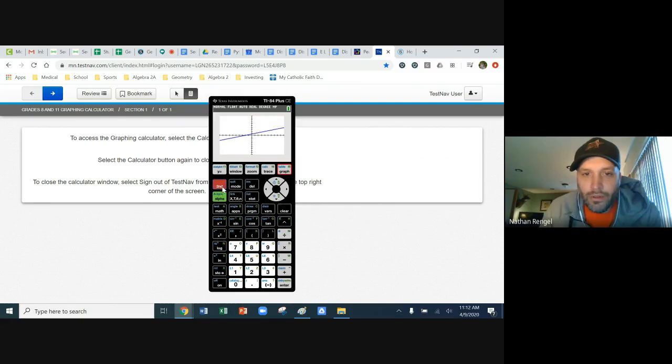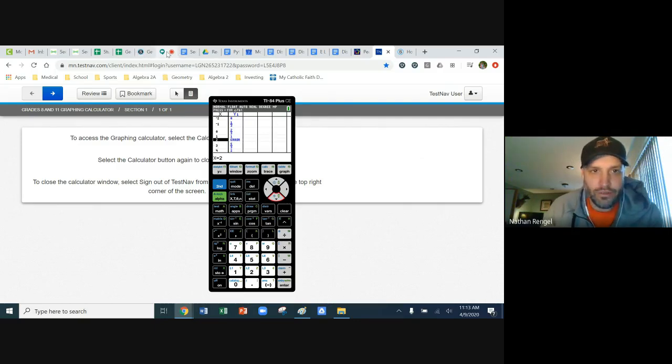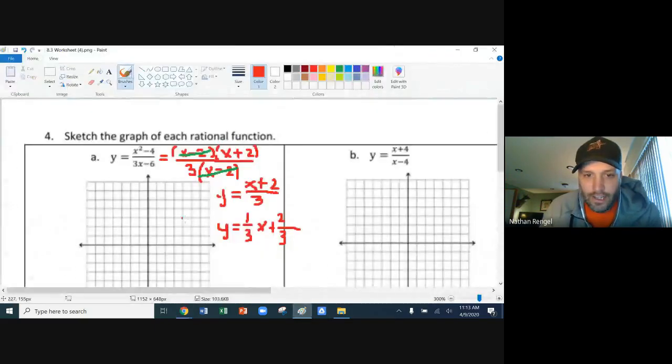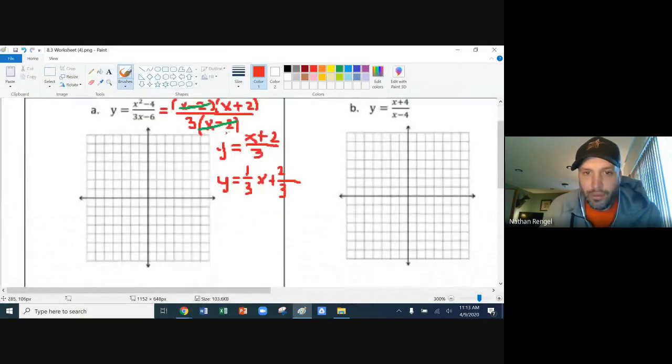If we head to our table, we'll see our one little error there. So at 2, we do not have an output. So to find that point on our graph, I'm going to put 2 into my function. So this y equals 1/3 x plus 2/3.